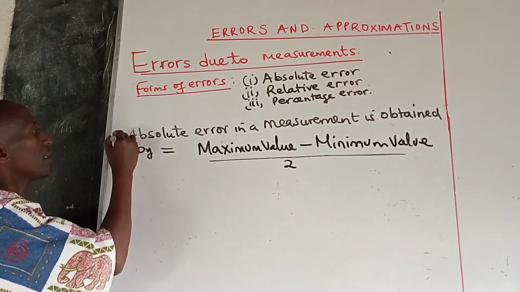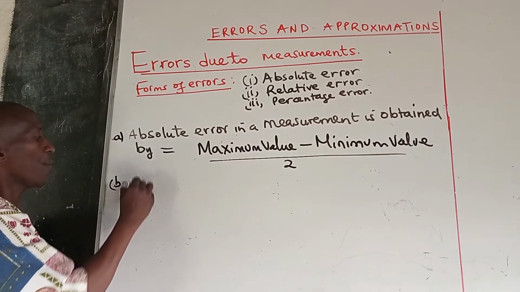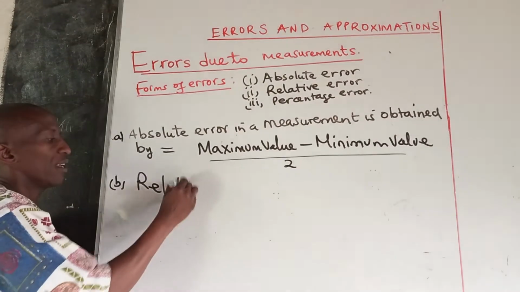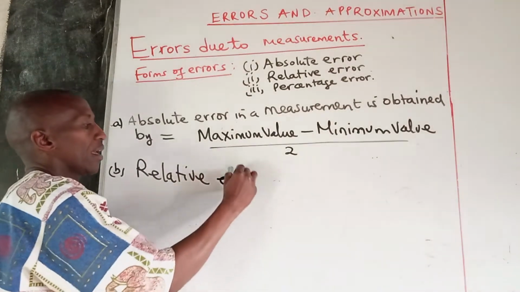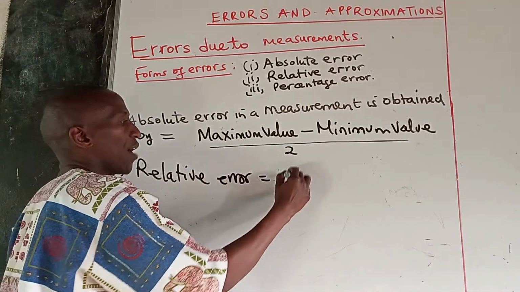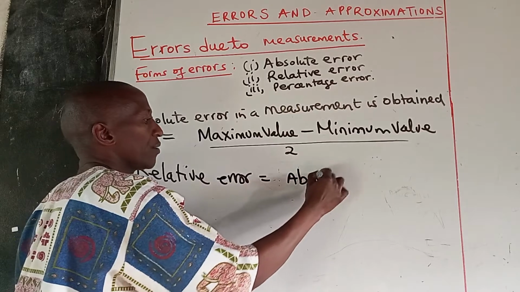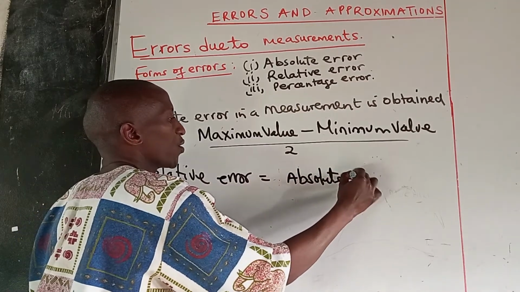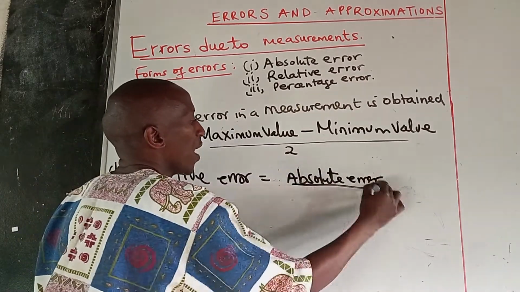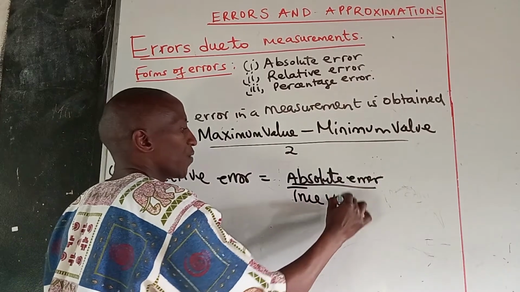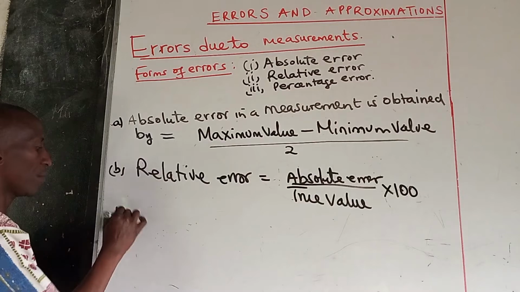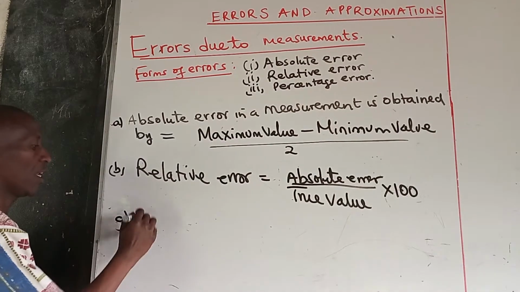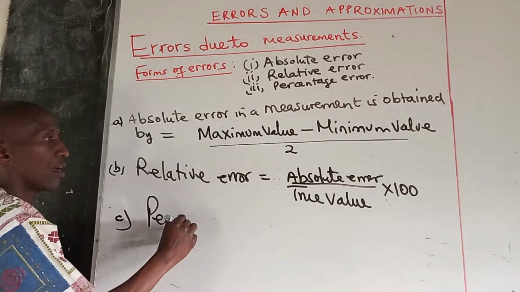Let's look at part B. What about relative error? So we can take this time to show the formulas. Relative error is obtained by having the absolute error all over the true value multiplied by 100. And finally, in part C, percentage error.